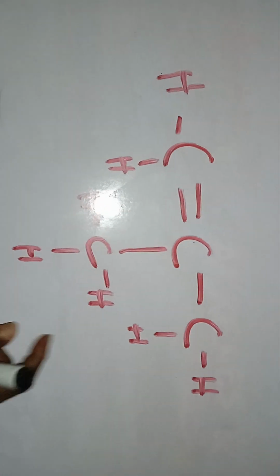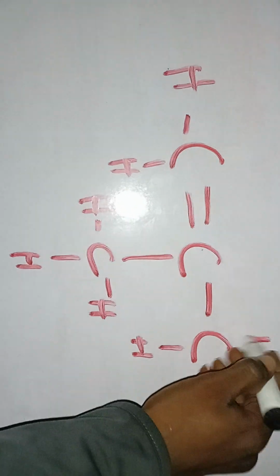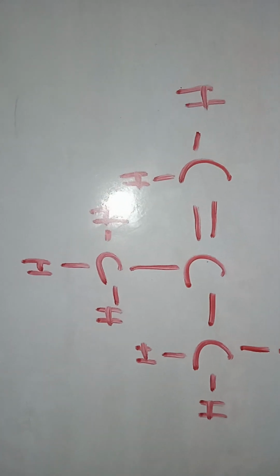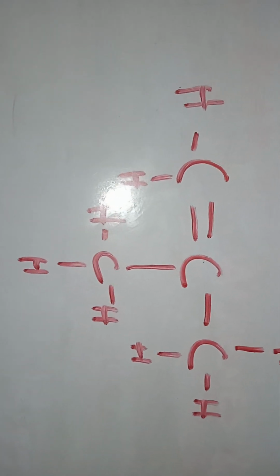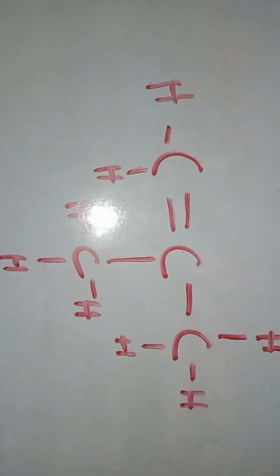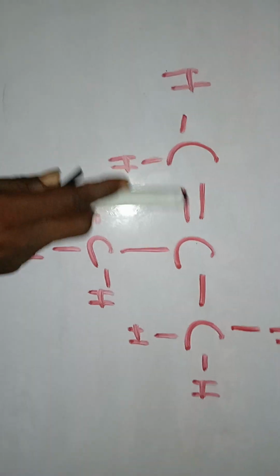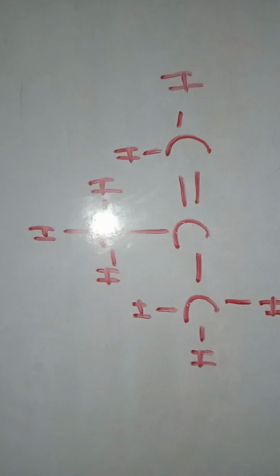This carbon is balanced. 1, 2, 3, 4. This one is balanced. So looking at this, we see that this is having the longest carbon chain to be 3. So this is propane. Either you're going this way 1, 2, 3, or you're going this way 1, 2, 3. So this is propane.